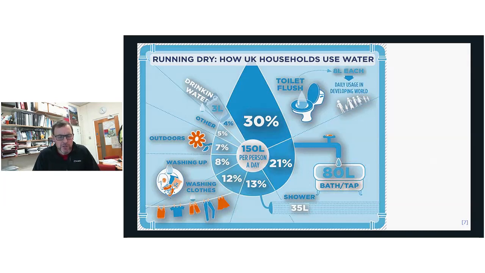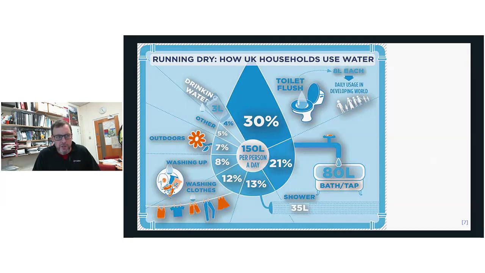Now this graphic here shows where water is used in the household. From a wastewater perspective, obviously all these different water uses come with different levels of pollutant loads.